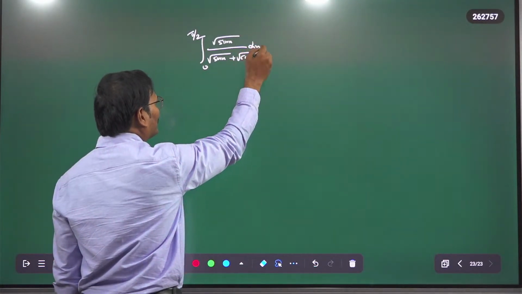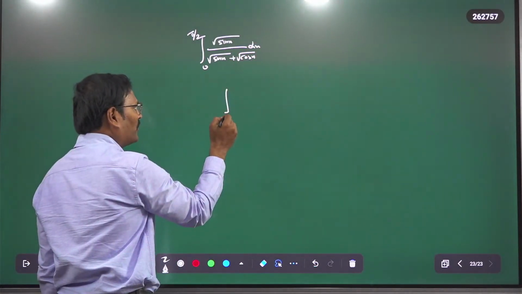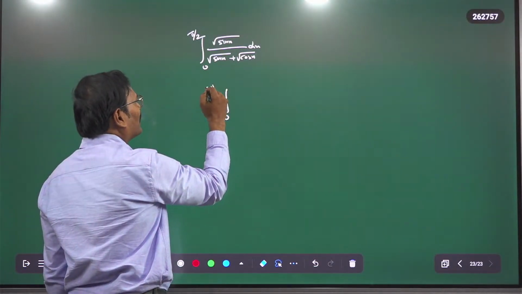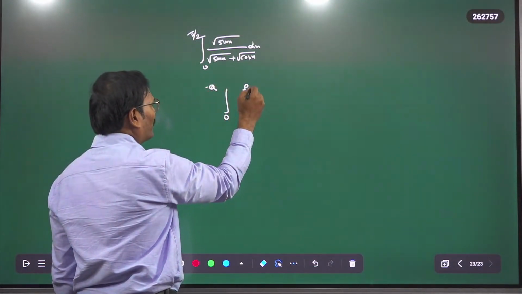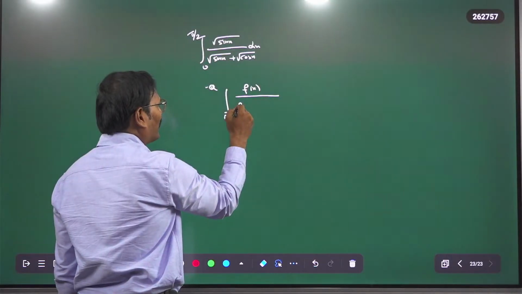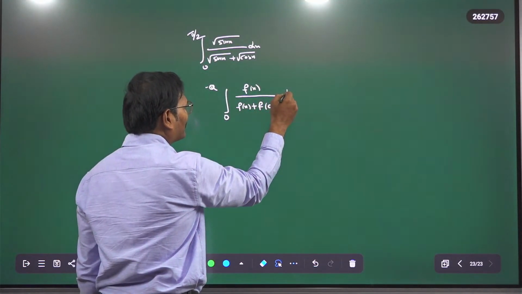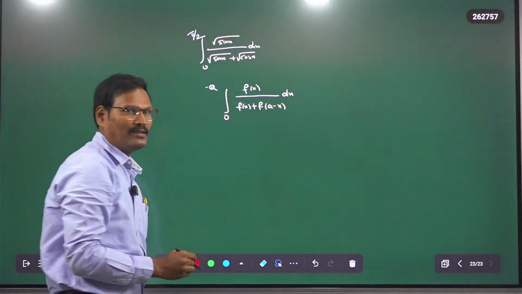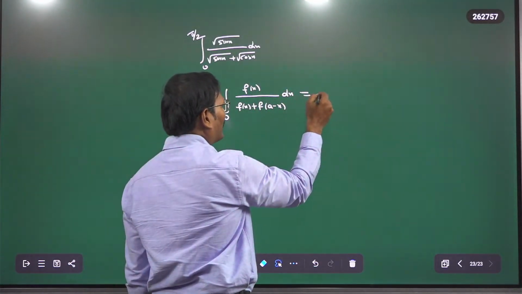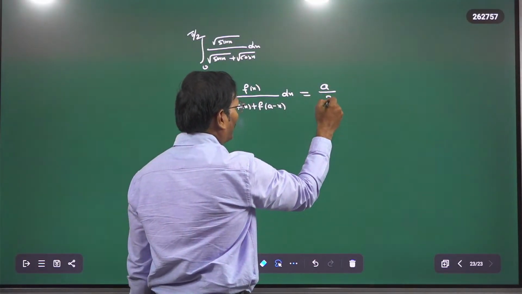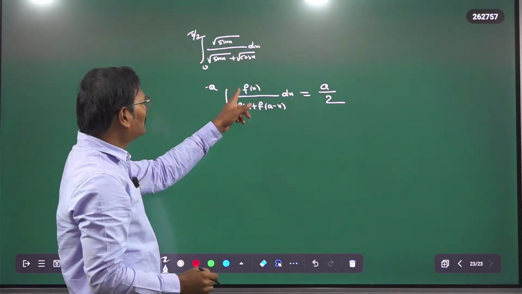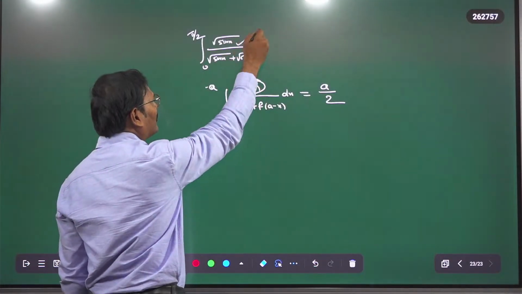This is the question. So whenever you get problems like this, integral 0 to a f of x by f of x plus f of a minus x dx, you can use the direct formula: a by 2. So here the function is f of x. F of x is equal to what?